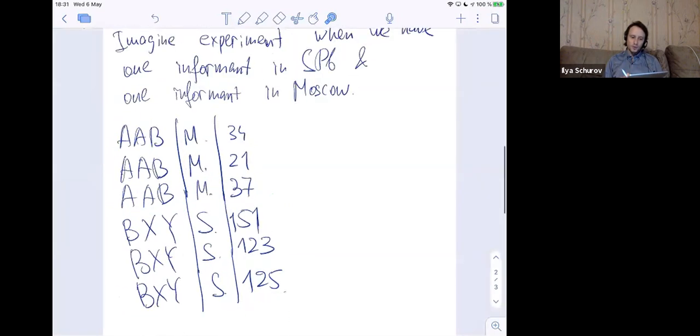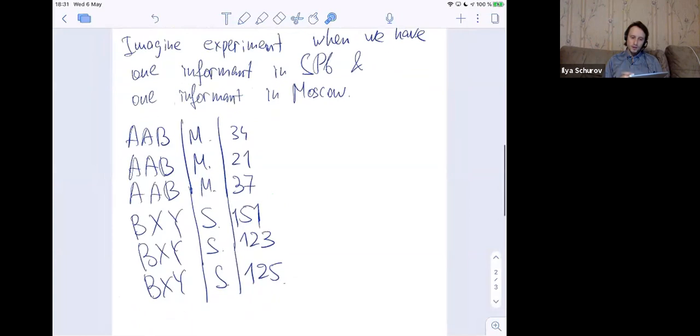If I just apply the t-test to this kind of data and interpret the results as a comparison between Moscow and St. Petersburg, I will get wrong results.